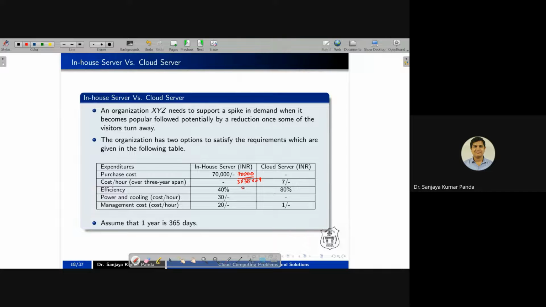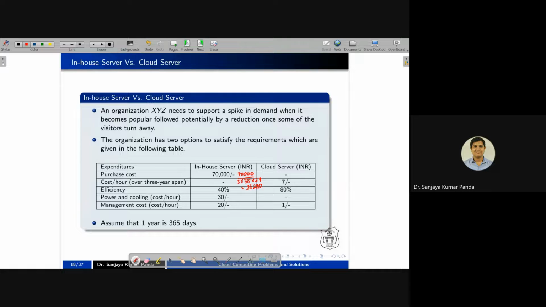So I think you will get 26280 hours. But in this question, the cores are not given. In the earlier question, we were given how many cores are there in-house and in the cloud case. But here that is not given.